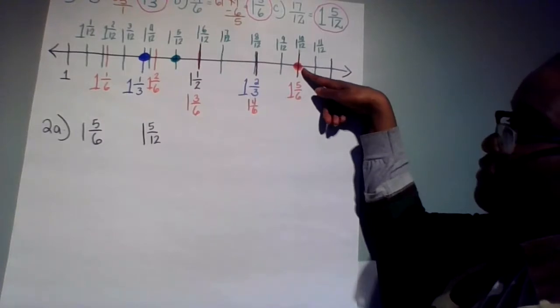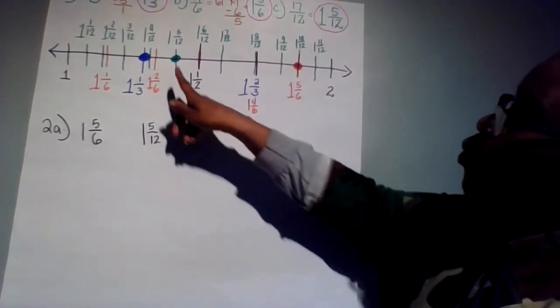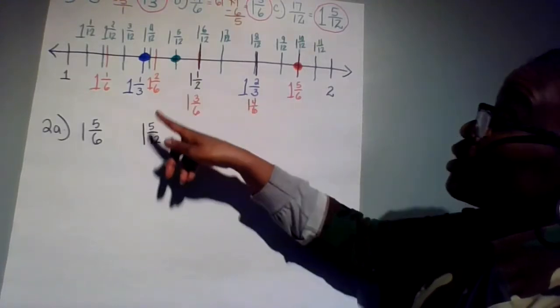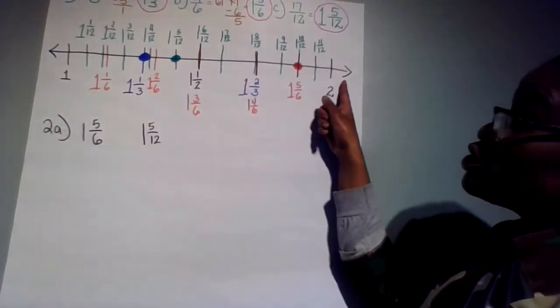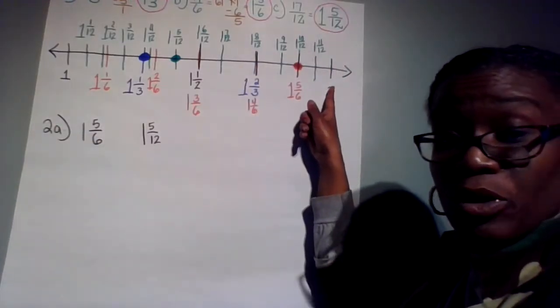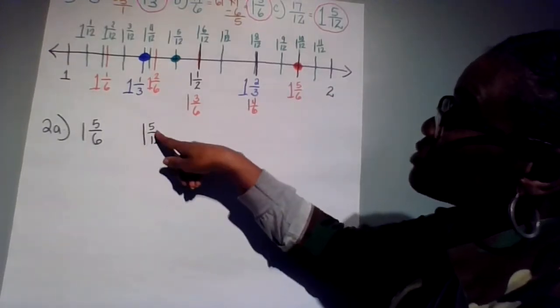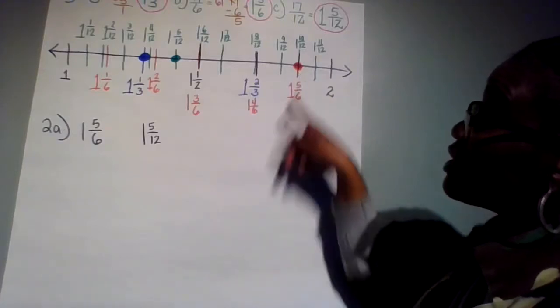Here's 1 and 5/6, and here's 1 and 5/12. So which one is larger? Remember, here's your benchmark 1. The largest one should be closer to 2. So, scholars, which one is larger? 1 and 5/12 or 1 and 5/6?